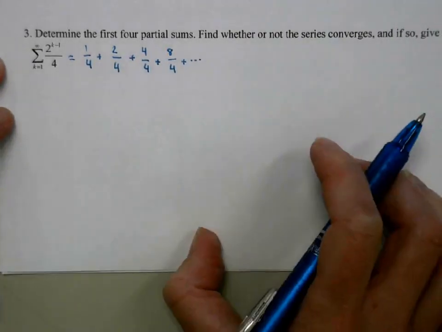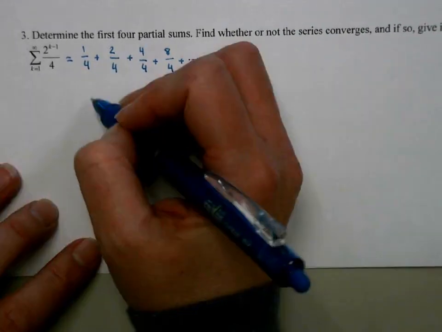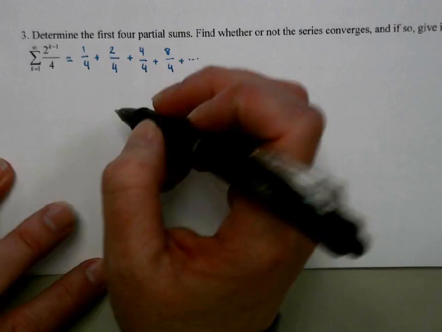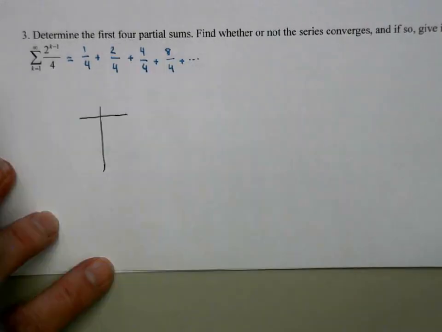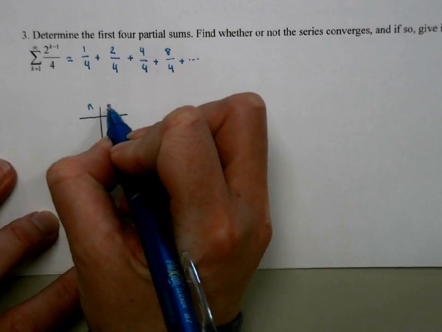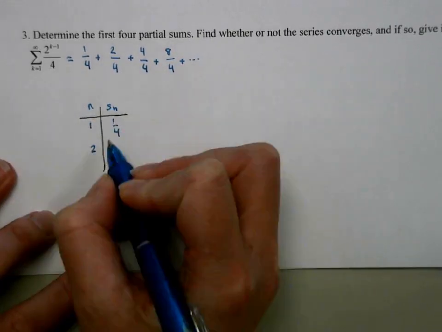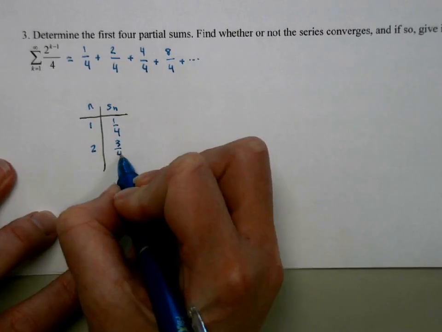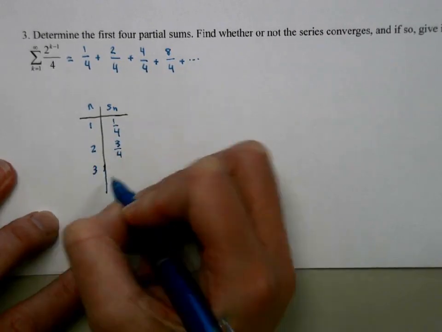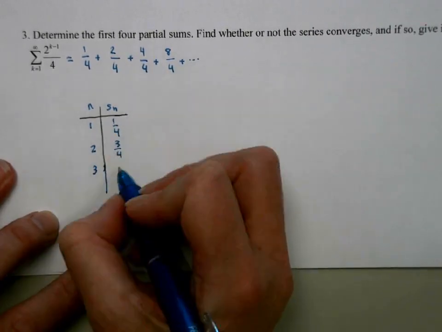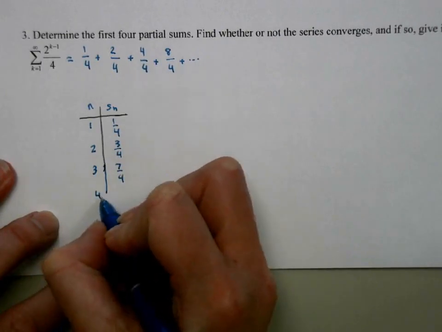Now the sums: if I add 1, we get 1/4. If I add 2, we get 3/4. If I add 3, we get 7/4. If we add 4, we get 15/4.